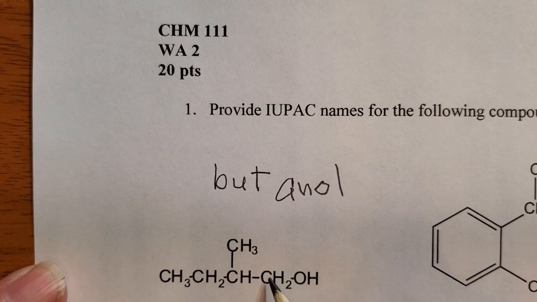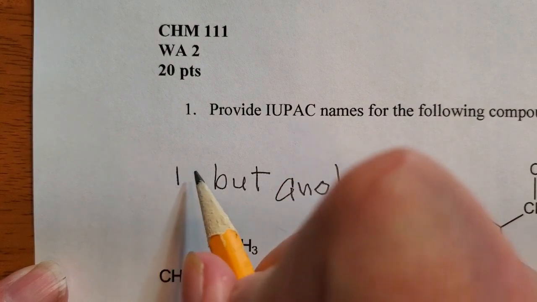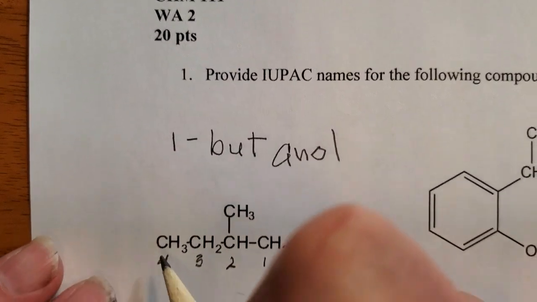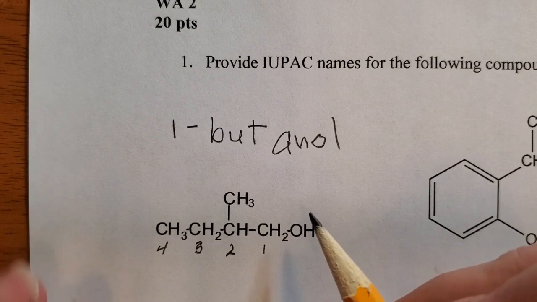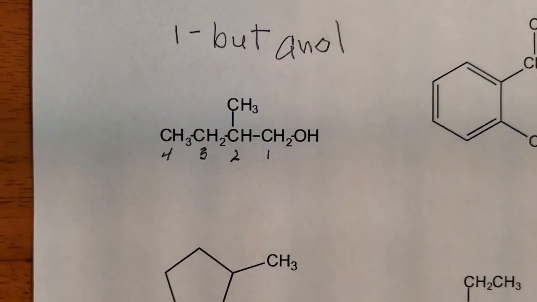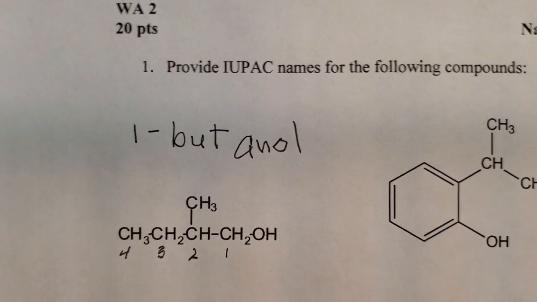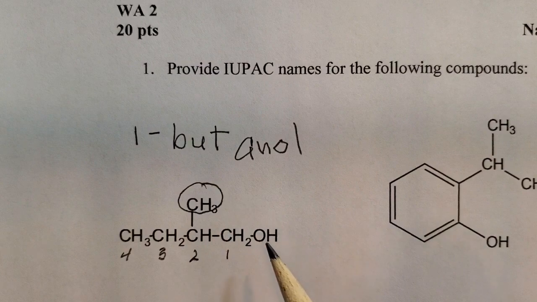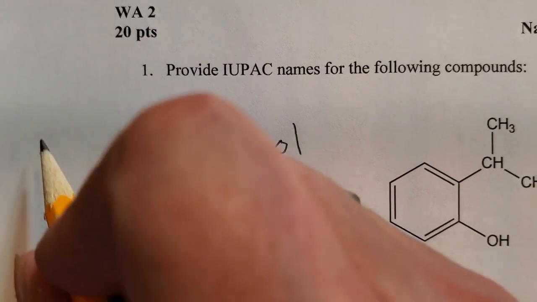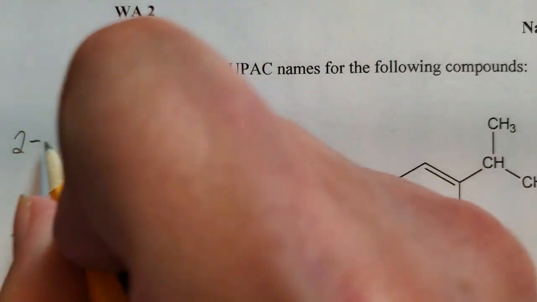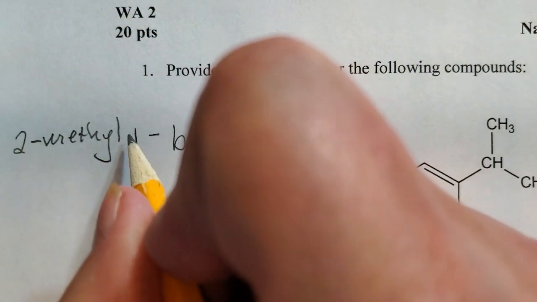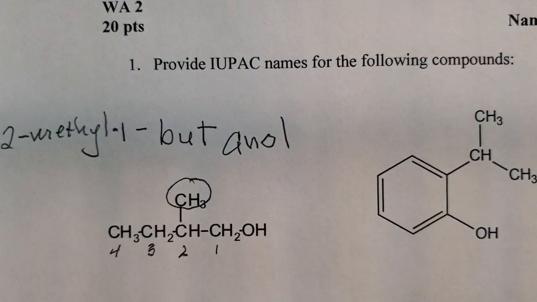So it's going to be on carbon number 1. So then the counting order is 1, 2, 3, 4. So we have to account for this substituent group, which is a methyl, and it's on carbon 2. So this is 2-methyl-1-butanol.